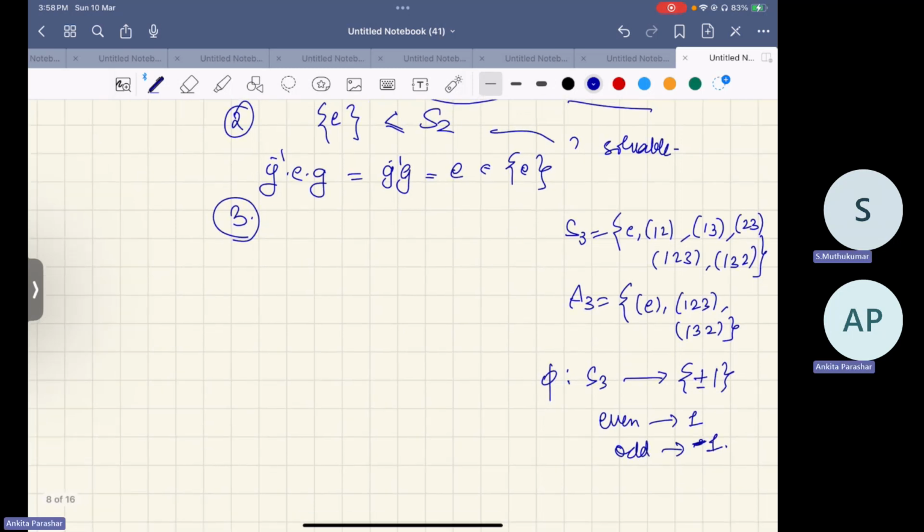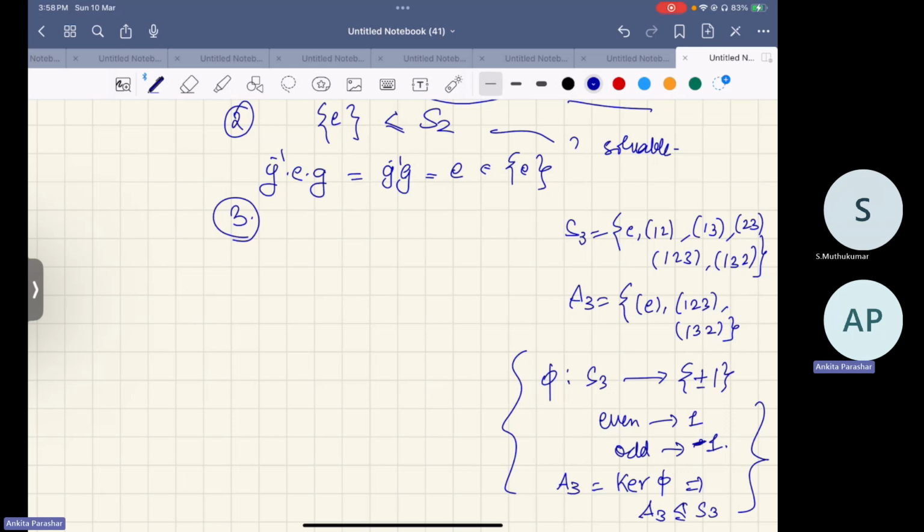We can easily check it is a group homomorphism. Kernel of pi is the set of all even permutations, that is A3. Indeed, the kernel of a group homomorphism is a normal subgroup. So A3 is normal.